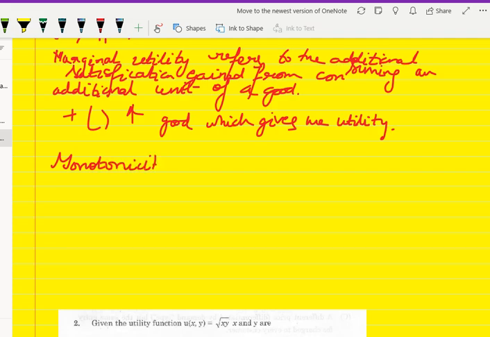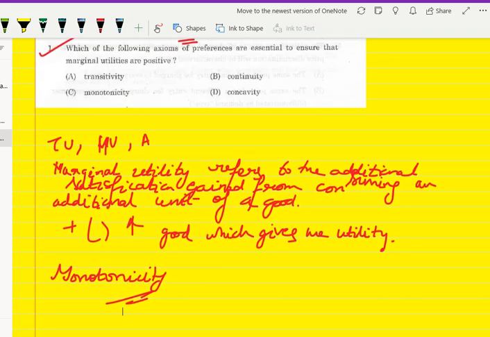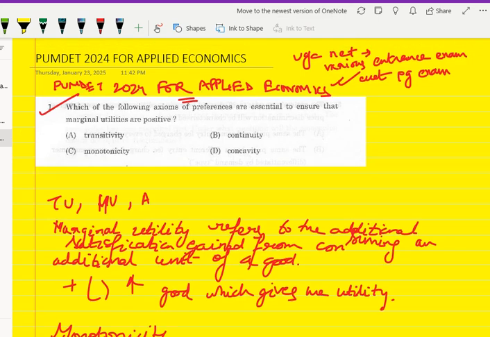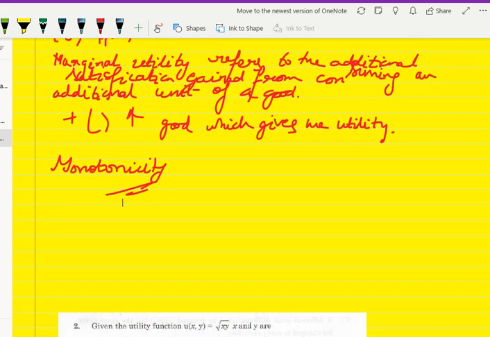Now here the answer will be monotonicity. Because what is my question? Which of the following axioms of preference are essential to ensure that marginal utility is positive? The options are transitivity, continuity, monotonicity and concavity. Obviously it is monotonicity, because monotonicity is the axiom that more is better.